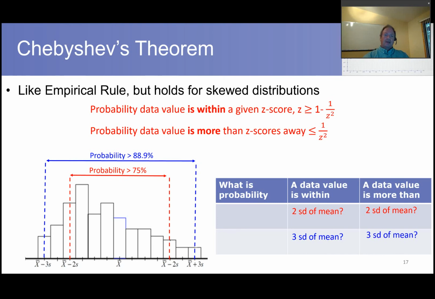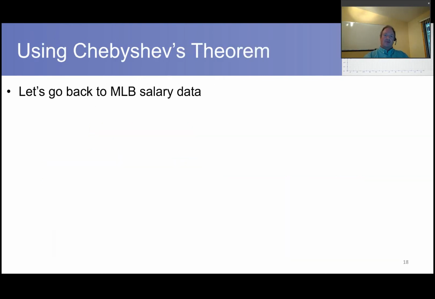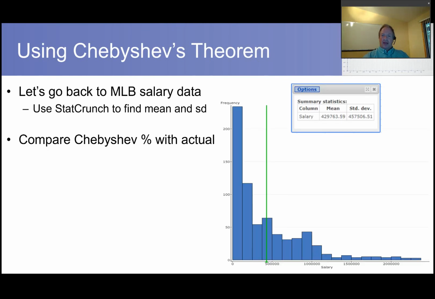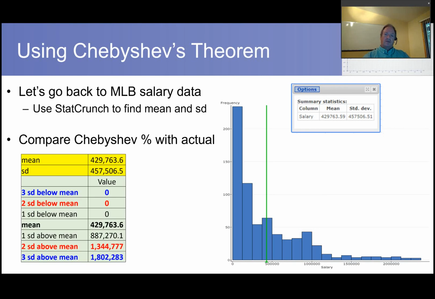Okay? And again, I'm not going to test you on this, but it's kind of nice to know how to use. Okay? And if you use this on the baseball salary data, which is a skewed distribution, okay, we'll find out that the probability that we're within 2 z-scores of the mean is, again, going to be roughly 75%.